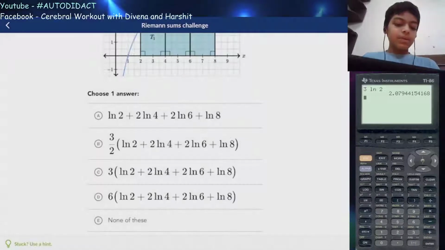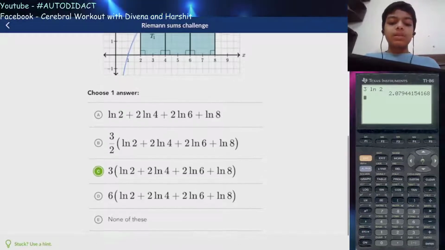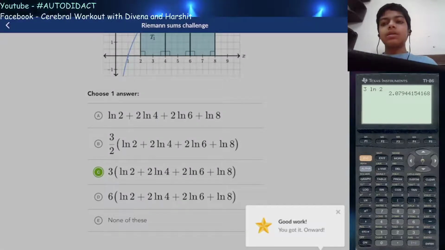So let's see which one matches: 3 ln of 2 plus 2 ln of 4 plus 2 ln of 6 plus 1 ln of 8. So this looks correct.